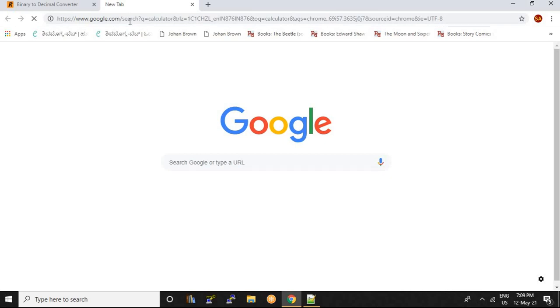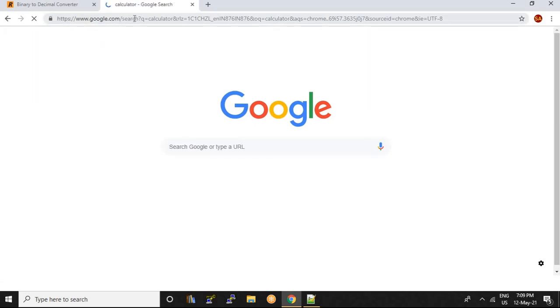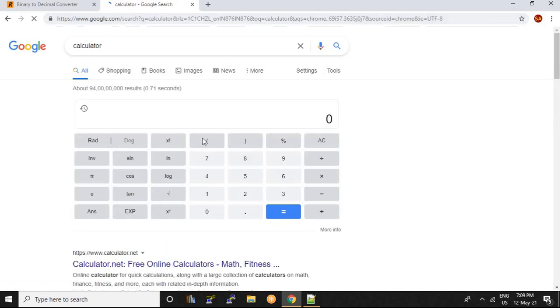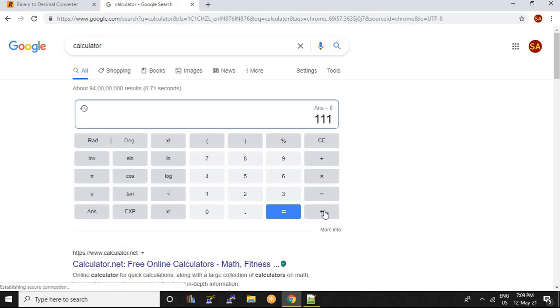If you don't know anything, Google will give you all the answers, so don't bother about all this. You just go here and calculate. Here I am calculating.